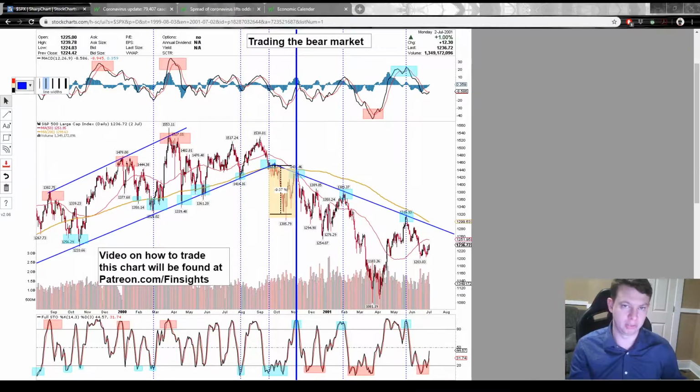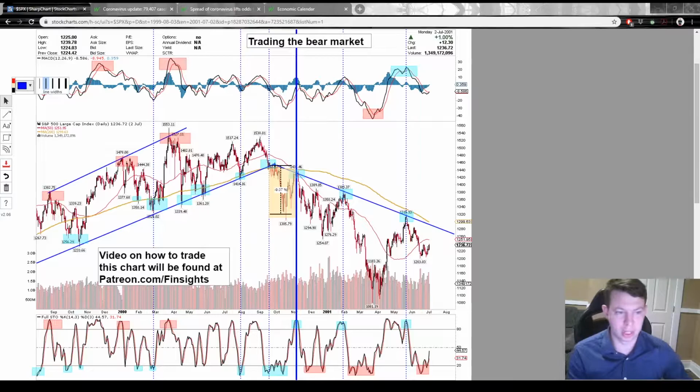Buyers will come in if there's good news, if there's good emotions, whether it's logical or not, and then sellers will come in if there's negative news and bad emotions, again, whether it's logical or not. And fear usually drives the market quicker down than good news drives it up.